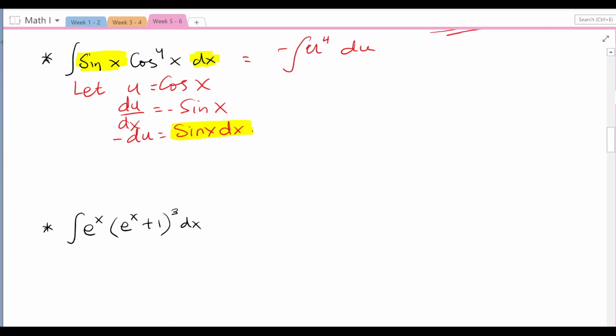And then cos x equals u, and therefore this is u raised to the power of 4, integral of u to the power of 4 with the negative sign on. Just like basic integration, u to the power of 4 becomes u to the power of 4 plus 1 over 4 plus 1, plus c, which is negative 1 over 5 times u to the power of 5 plus c.